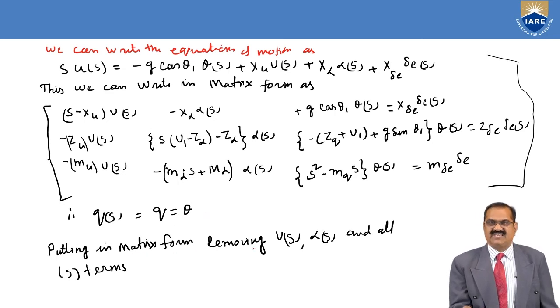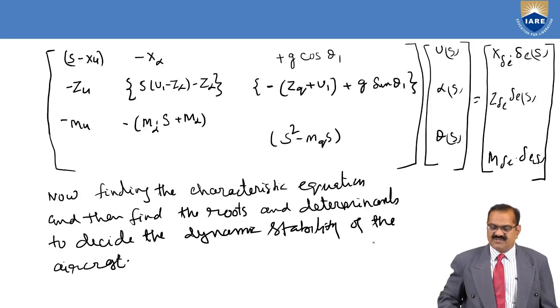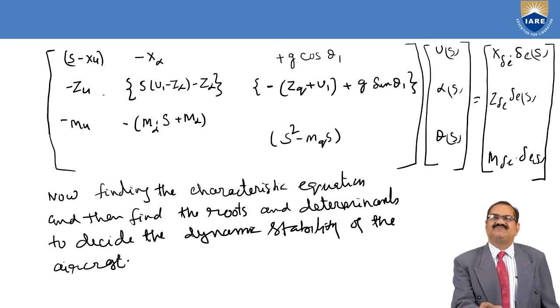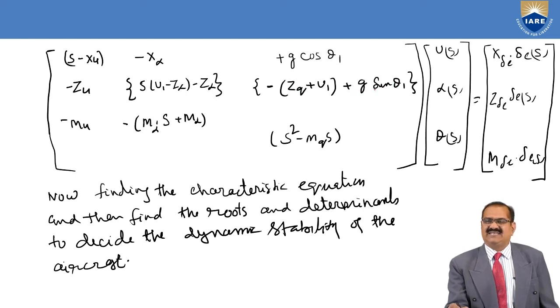So putting all these things in the matrix form, we can get the equation in this matrix form: s minus x u, minus x alpha, plus g cos theta 1, minus z u, s u1 minus z alpha, minus z q plus u1, plus g sin theta 1, minus m u, minus m alpha dot s plus m alpha, s square minus m q s, multiplying u of s, alpha of s and theta of s, and this is equal to x delta E into delta E of s, z delta E into delta E of s, m delta E into delta E of s.